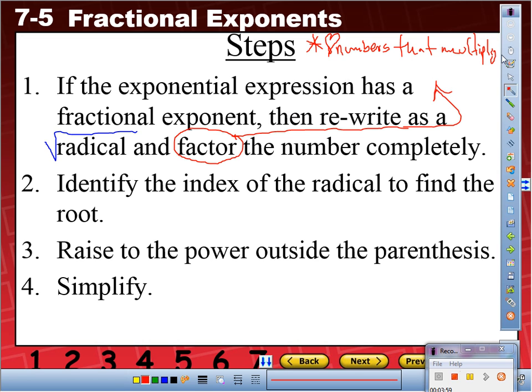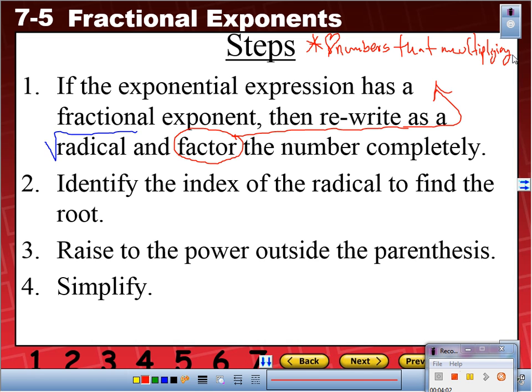Numbers that are multiplying. Let's see. If it says numbers, could it be only one? No, it has to be more than one. Is that correct? So as soon as you see numbers multiplying, they're called factors. Everybody with me? All right.